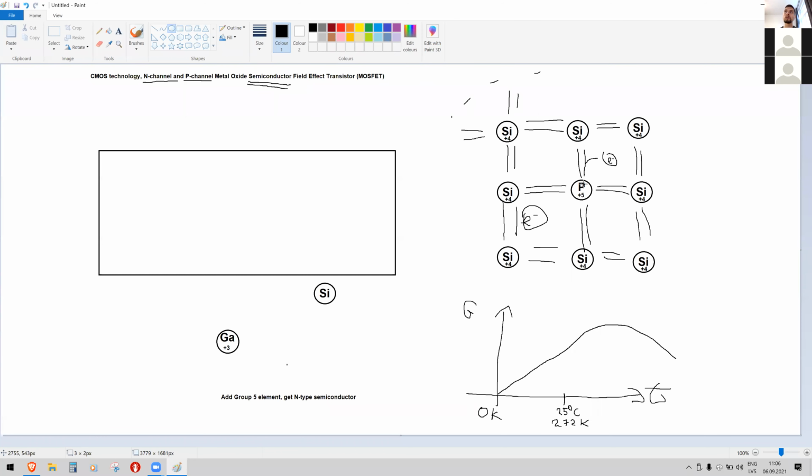Let's imagine that we didn't have phosphorus here, just silicon. The same thing, we put a piece of gallium on top of this silicon bulk. Basically what people do is they weigh this silicon material, then they weigh this gallium, and they know the mass, they know the atomic weight, and they calculate how many atoms are in this gallium, so they can control how many gallium atoms will diffuse into this material and replace some silicon atoms.